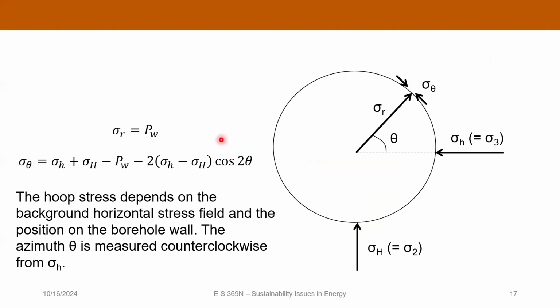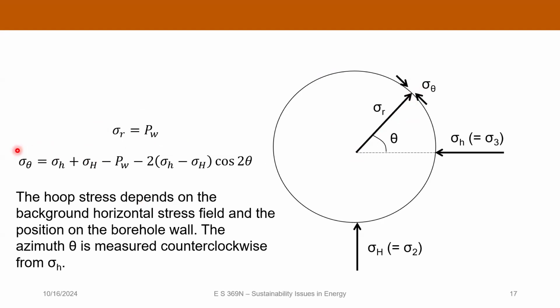So there's a relationship between the radial and tangential stresses, the wellbore pressure, and the horizontal background stress field. The radial stress is going to be equal to the wellbore pressure, simply because that's what's imparting stress on the borehole wall.